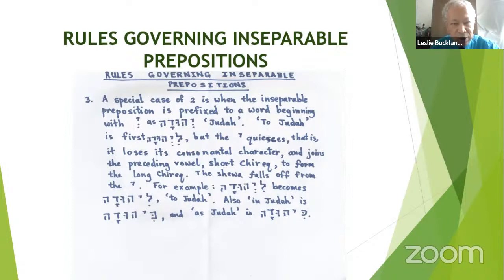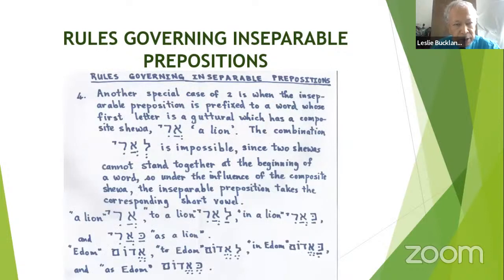When it becomes silent, the simple shewa drops out, and let us say we are looking at Yehudah, the yod of the first letter of that noun joins with the short hireq to form the long hireq, and thus we have a different pronunciation. You have another special case when the inseparable preposition comes before a noun that has a composite shewa.